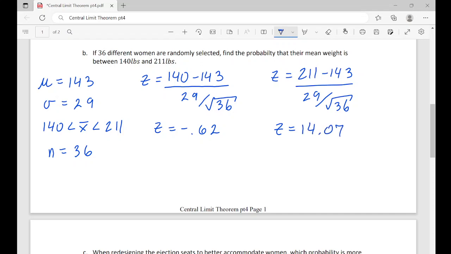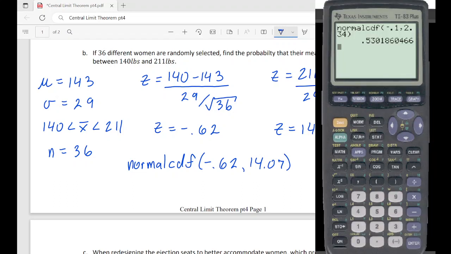It happens, you can have z-scores this high. Doesn't happen too often, but if you're unsure, always just double check your arithmetic and make sure it's right. In this case, it is. Now we're going to find the probability between these two z-scores. So normal CDF, our lower bound being negative 0.62, and our upper being 14.07. So again, we're going to bring up our calculator and use the normal CDF function.